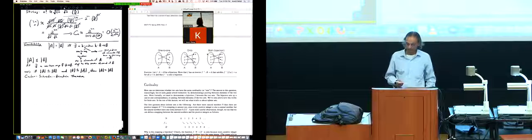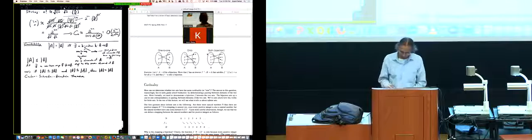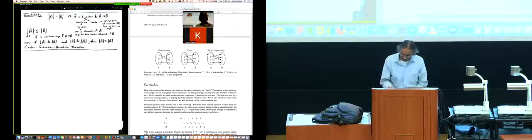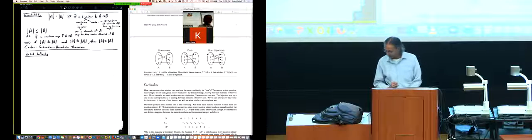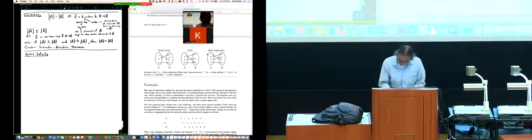The classic example, not in the notes, used to illustrate this is something sometimes called Hilbert's Hotel, or I like to call it the Hotel Infinity. The Hotel Infinity has an infinite number of rooms.